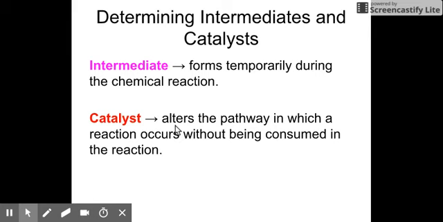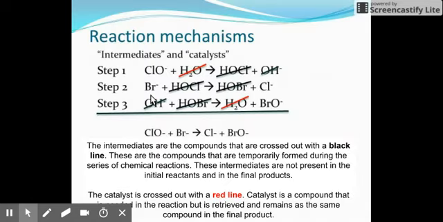So take note, catalysts are not used up, so you retrieve them after the chemical reaction. On the other hand, intermediates are just temporary compounds, and in the end, intermediates do not form on the product side. Okay, so let's look at a certain example to further understand the difference between intermediate and catalyst compounds.